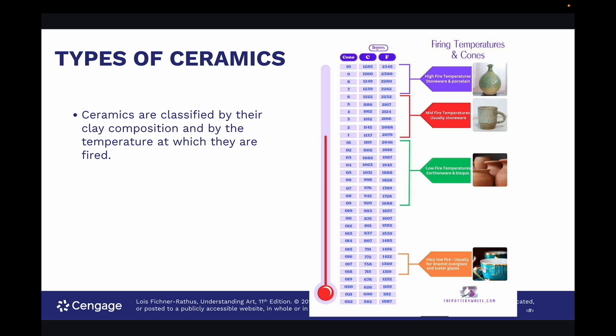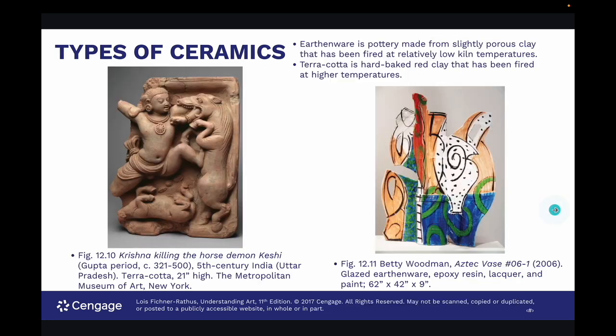We've got mid-fire temperatures called stoneware that fires anywhere from cone 1 to cone 6, and then high fire temperatures, stoneware and porcelains fire from cone 7 to 10. And you can look at the Fahrenheit temperature for cone 10 goes all the way up to 2,345 degrees. So it gets a lot hotter than your basic oven at your house.